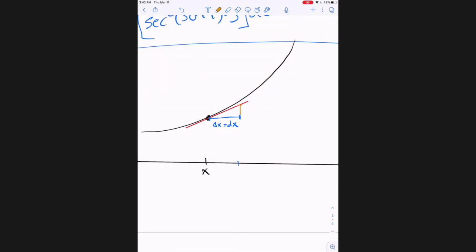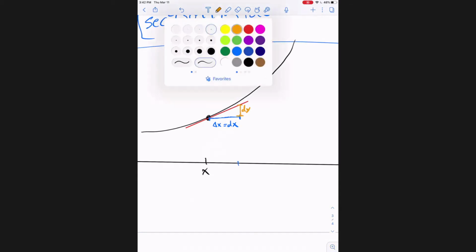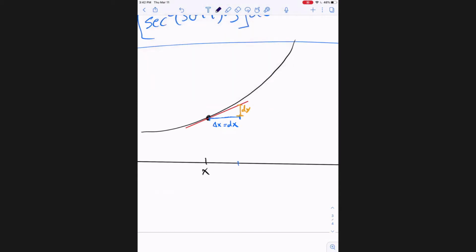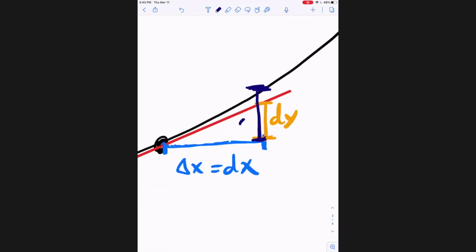This distance right here from the orange is dy. The purple from here to here looks close to black, but that's delta y.